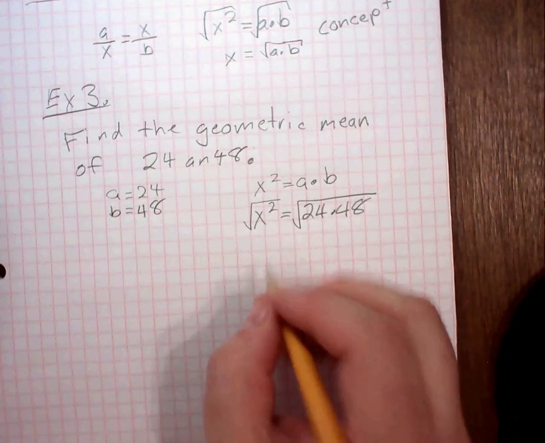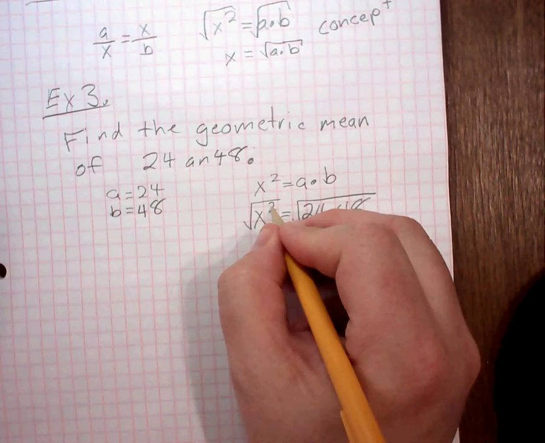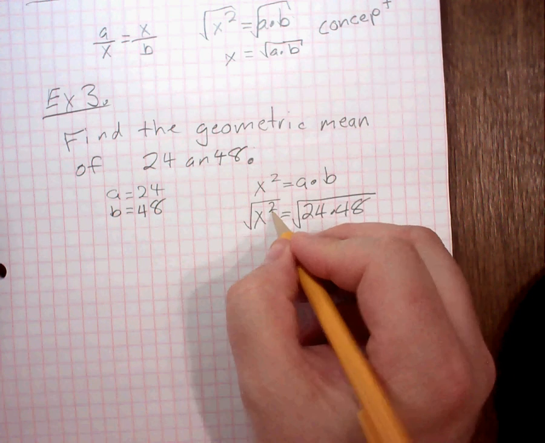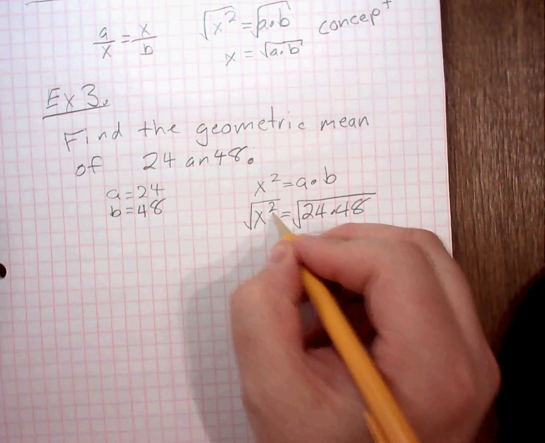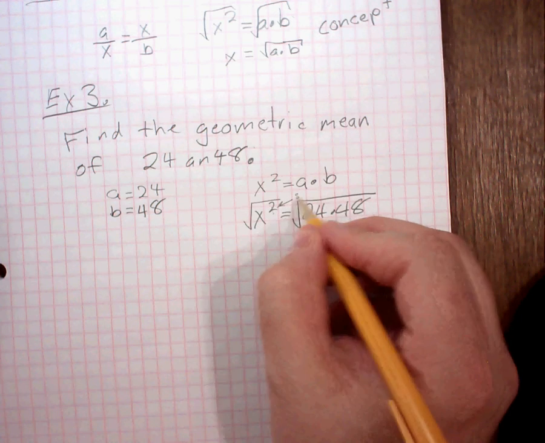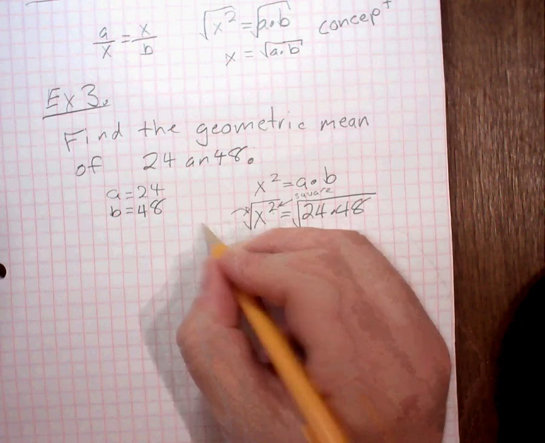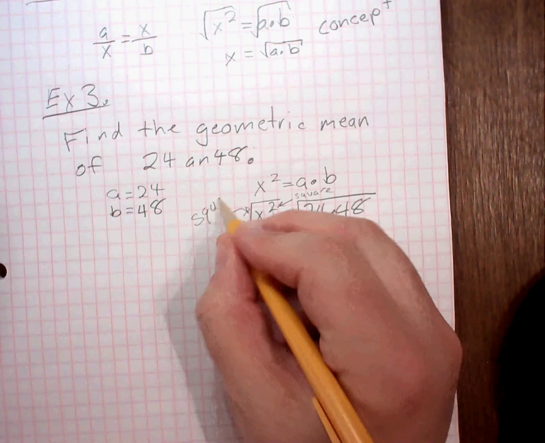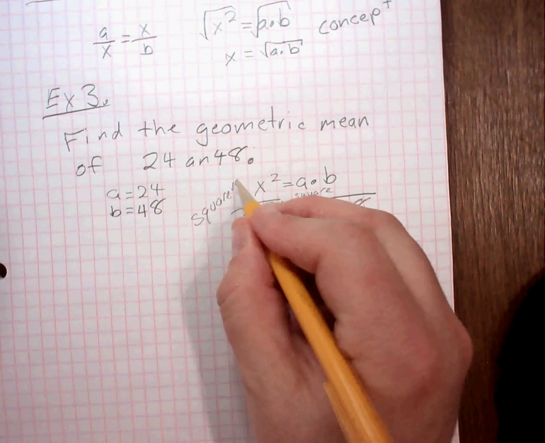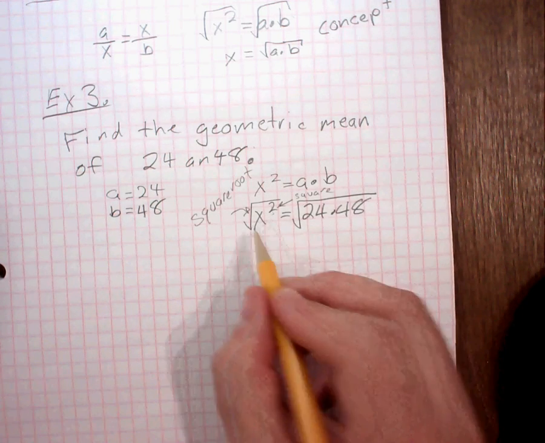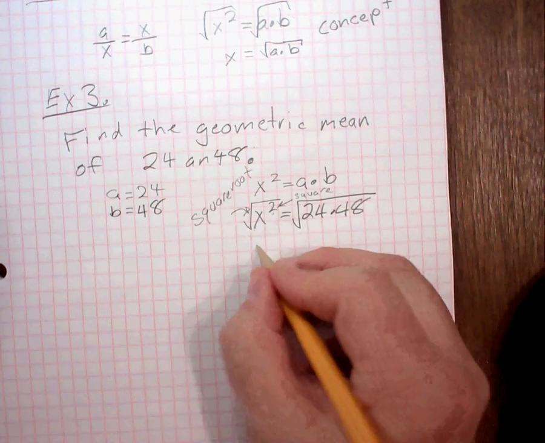When I take the square root of a square, the square root is the inverse operation of the square. So this is the square, and this line right here is the square root. They're inverse operations, so they undo each other. That means if I square something and I undo it, I'm just left with the base.